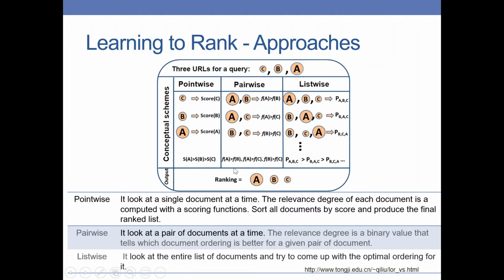At a high level, the pointwise, pairwise, and listwise approaches of learning to rank differ only in how many documents we consider at a time in the loss function when we train the machine learning model. In pointwise training, as depicted in this picture, a single document is reviewed at a time.